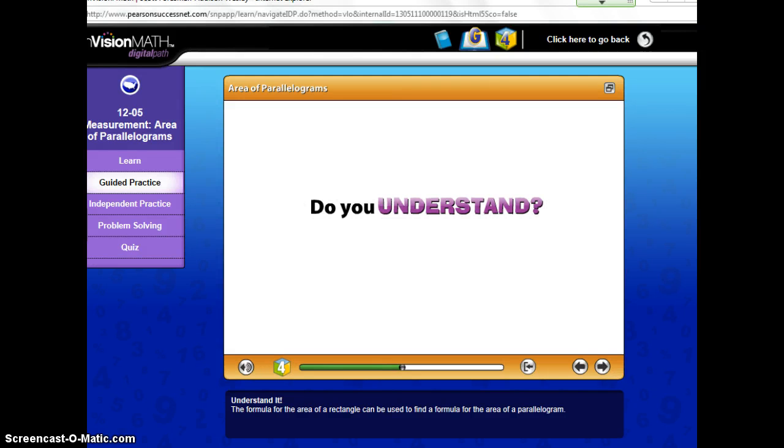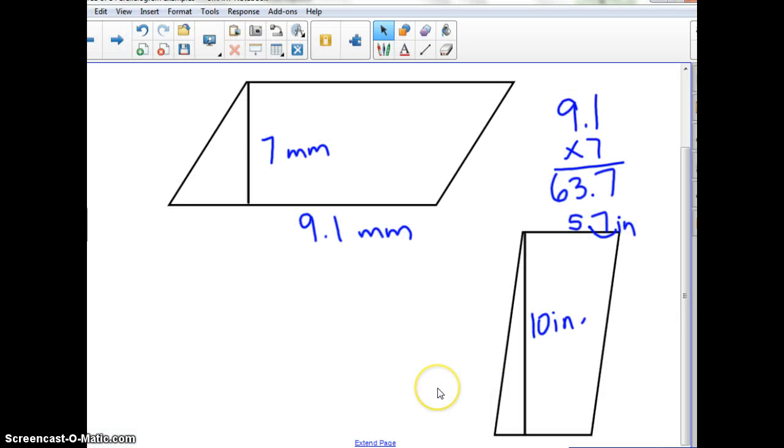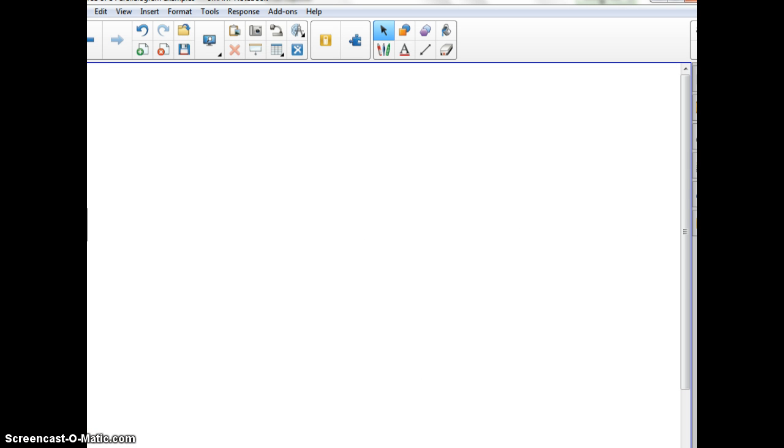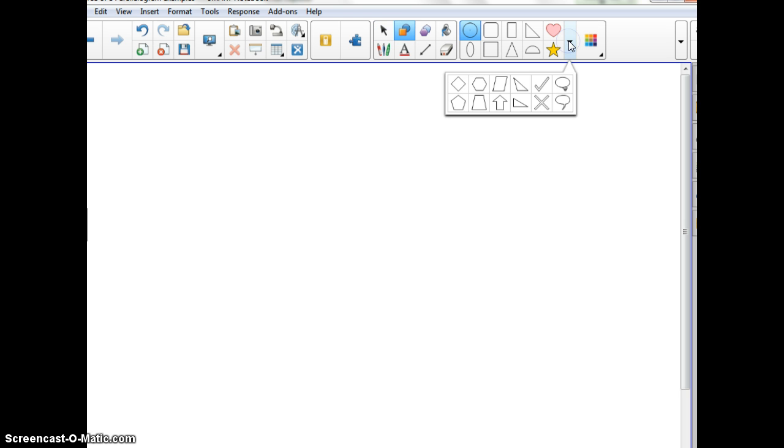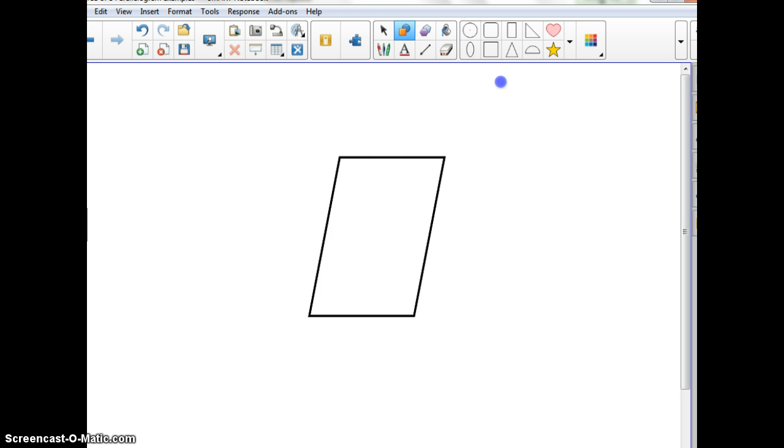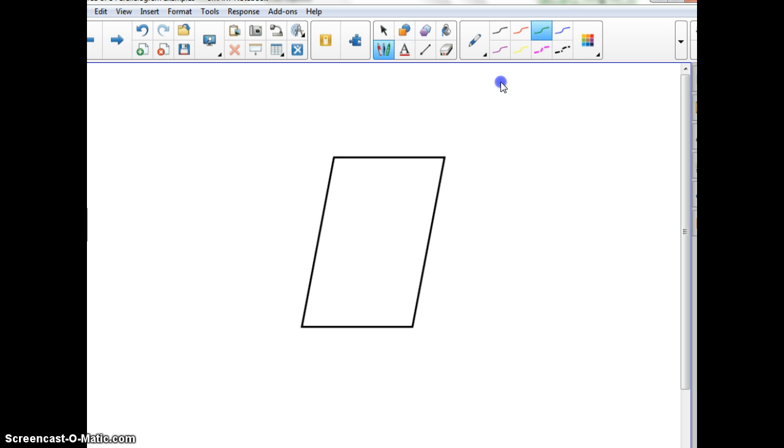Now, I want to try this. I want to see if you guys can help me figure this one out. Okay, so I'm making a parallelogram, and I am telling you that the area of this parallelogram is 30 meters squared.